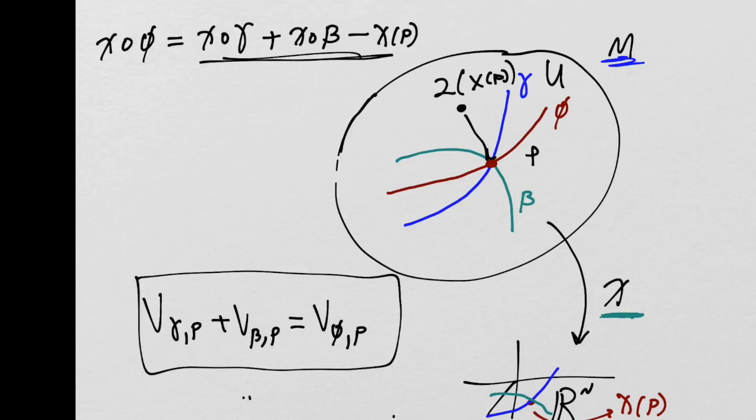So I want to define psi to be this curve, and now I want to study the directional derivative of this curve and see if I can get a rule that means the directional derivative of this curve when applied to f is equal to the sum of the 2 real numbers I get when I apply the directional derivatives of gamma and beta applied to f. Because remember, this is a real number, that's a real number, and that's a real number.